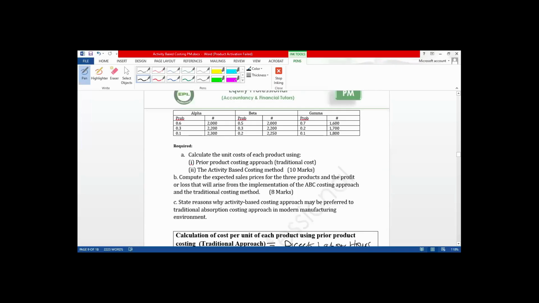Calculate the unit cost of each product using the traditional product costing approach. We have answered this now. Any question, please?